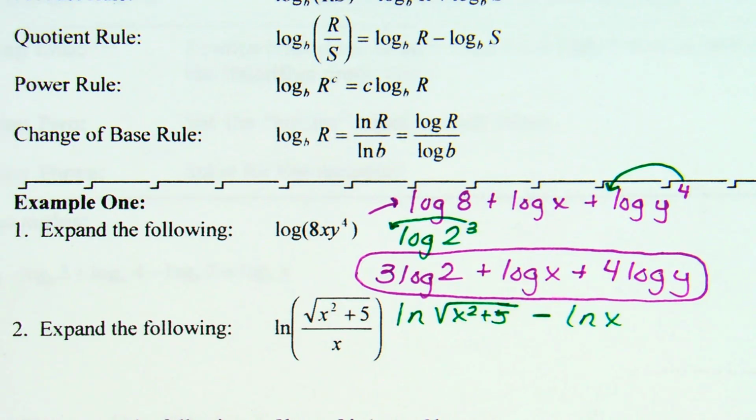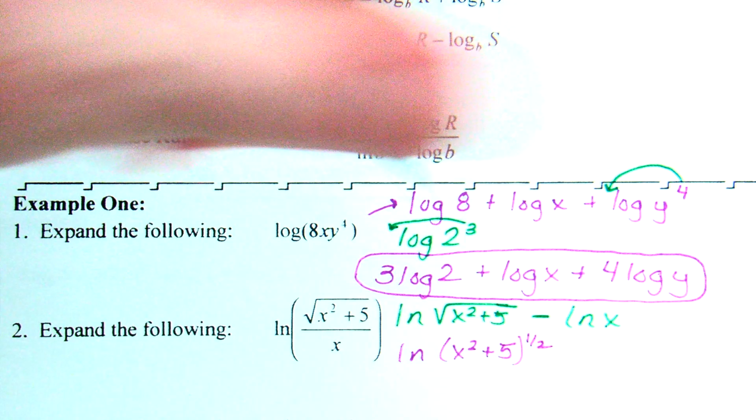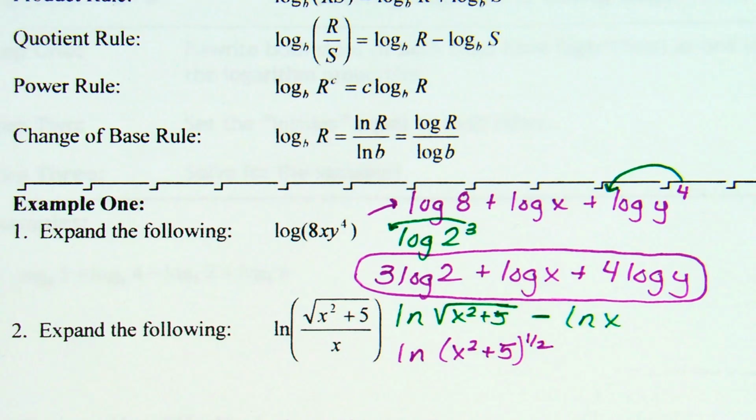The square root of something is the same as something raised to the power of 1/2. Because the 1 is the power, but that denominator of 2 is the root, the index. So this could be rewritten as the natural log of x squared plus 5 raised to 1/2. Notice I have x squared plus 5 in parentheses because that 1/2 goes on all of it. It's not 2 separate pieces there.